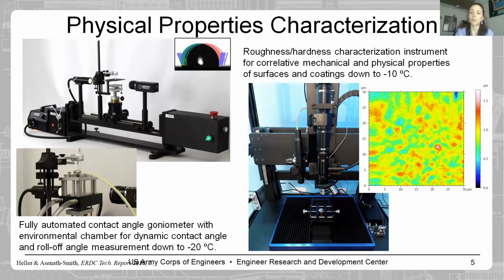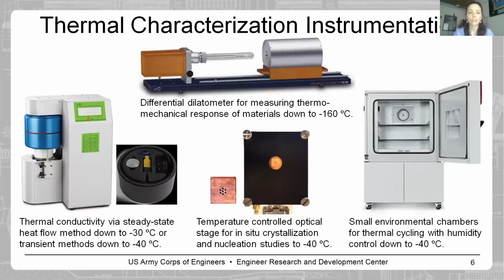Red is the higher elevation, blue is the lowest, and we could correlate this with a map of the hardness or nano indentation of that surface. So we can start to correlate mechanical properties to structure, and then of course do other measurements on, for example, ice adhesion, pulling that all together.